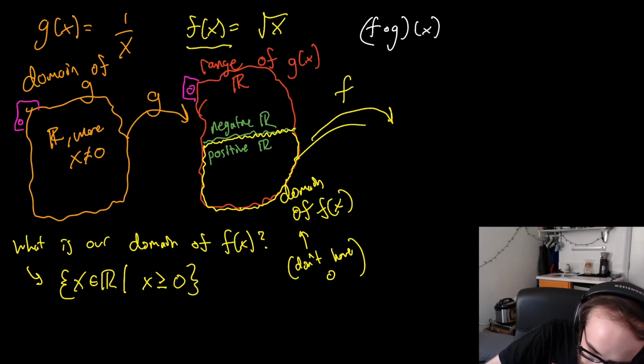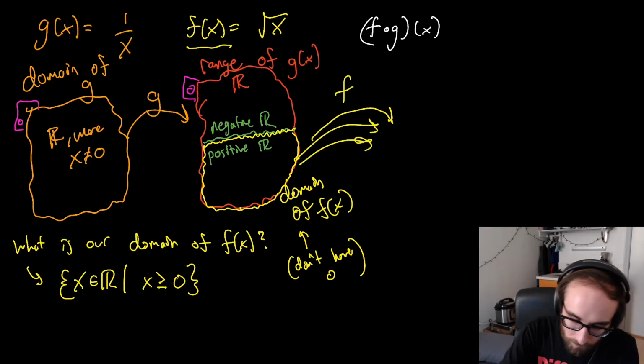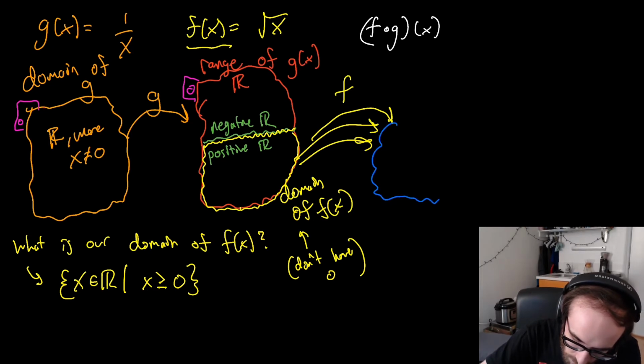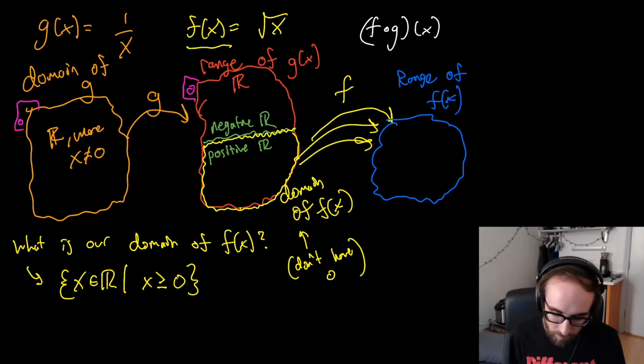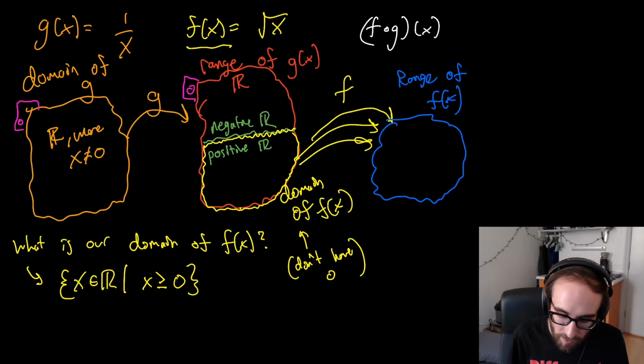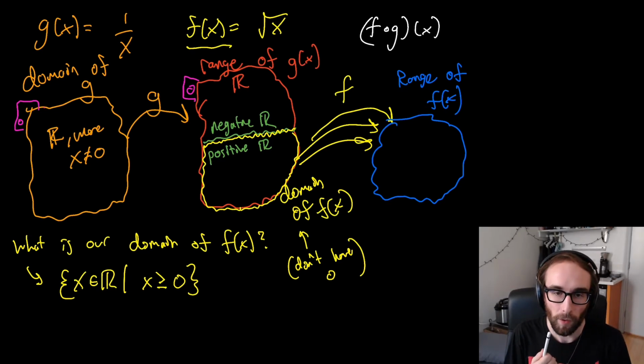If we take all of these values and plug them into f, then we'll end up with our range of f of x. These are all positive numbers where we plug them into f and then take the square root, and that's our output.